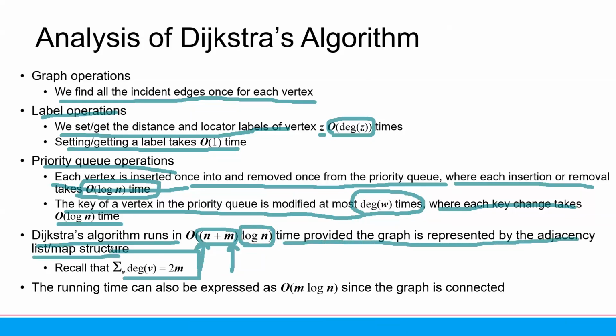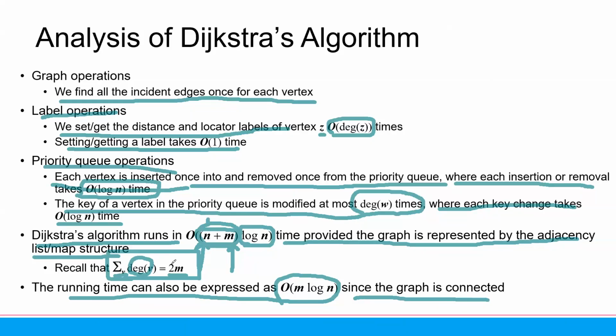And recall that the sum of the degrees is 2 multiplied by m. The running time can also be expressed as O(m log n), since the graph is connected. So n plus m is regarded with all the possible n and m.